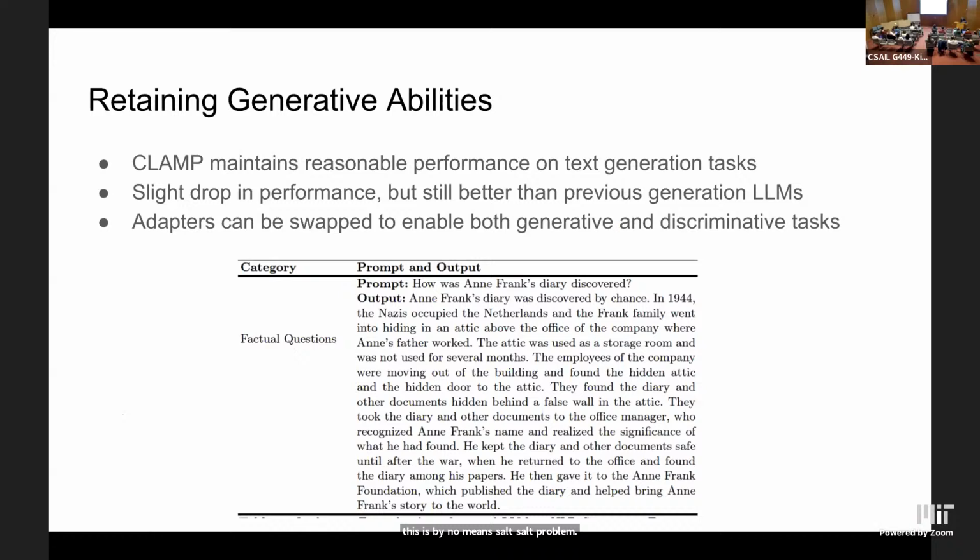Okay, so just to show you that the LLM can still do generation, we have an example of asking the LLM questions after we fine-tune it this way. We evaluate it on generative text benchmarks, and we see a slight drop in performance, which makes sense because we've damaged some of the LLM by this fine-tuning, but it still does pretty well.